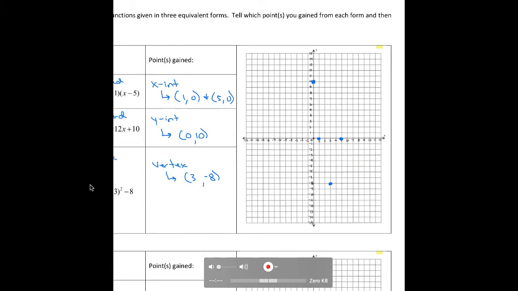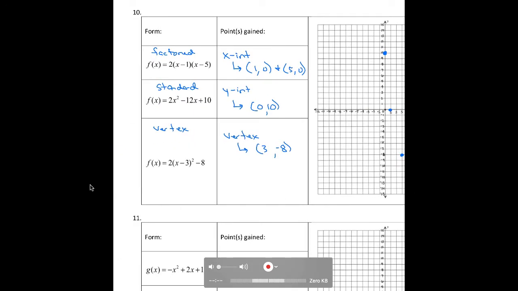That's awesome. That gives us a great start, right? Because we can almost kind of see that U shape. We can also always identify the A, which I can look at in any of these forms. What is it? 2. Which means that this is going to open up and be narrower. But that 2 is what's going to help me to figure out other points that I can plot on this graph.